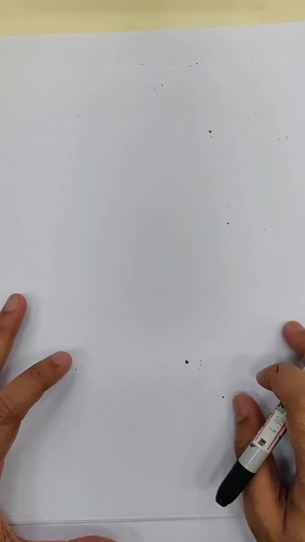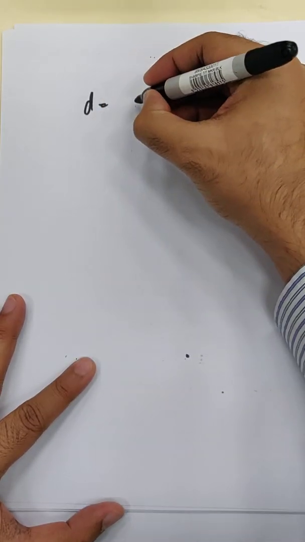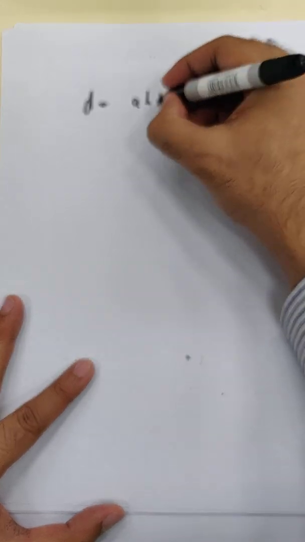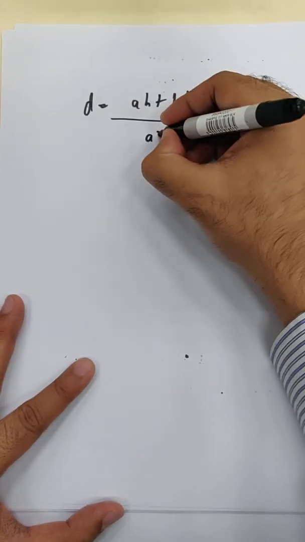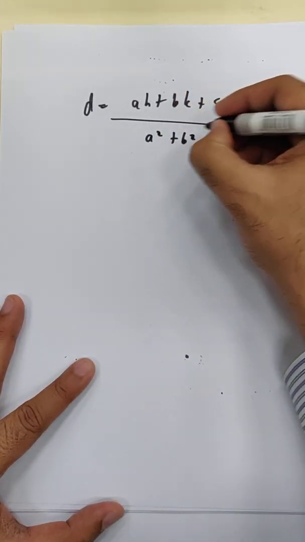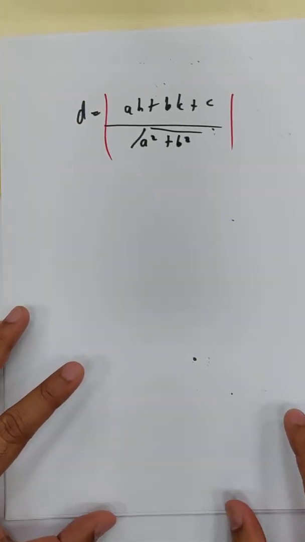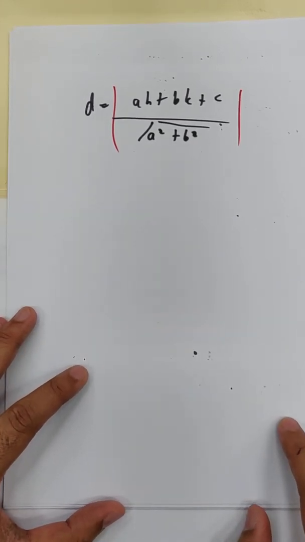Do you remember the equation just now without referring back? d = |ah + bk + c| over the square root of a squared plus b squared, with a modulus. Do you memorize that? I don't yet. I forget sometimes.